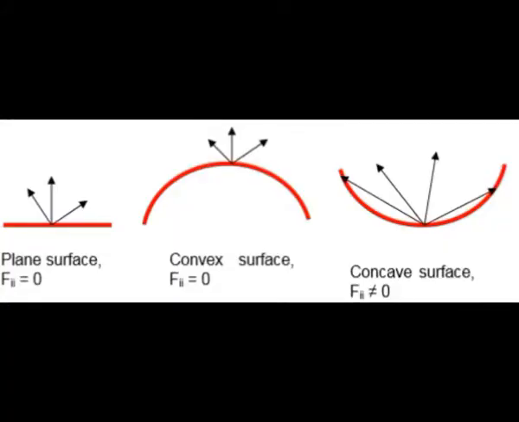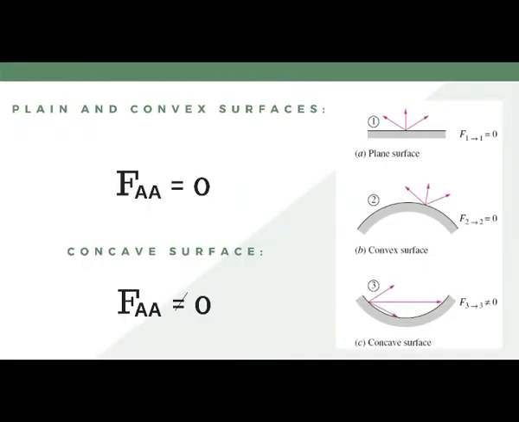For the plane surface and convex surface, the view factor F A strike A is equal to 0, and the last one is the concave surface, where the view factor F A strike A is greater than 0.